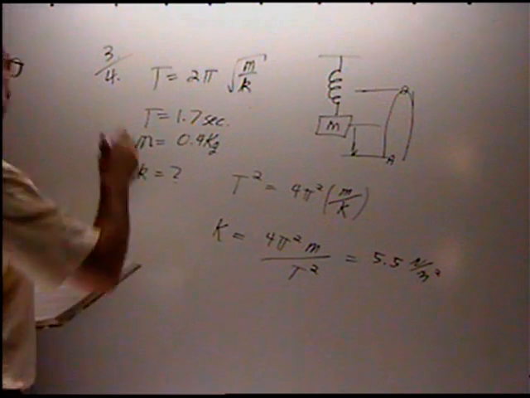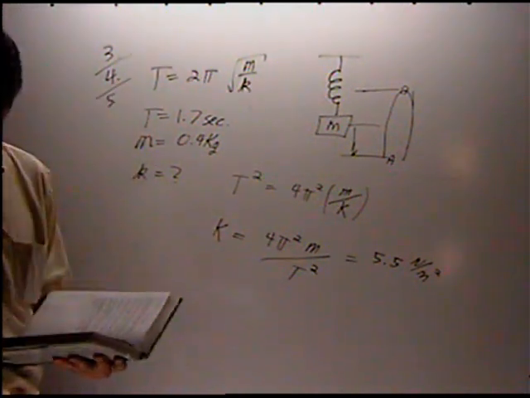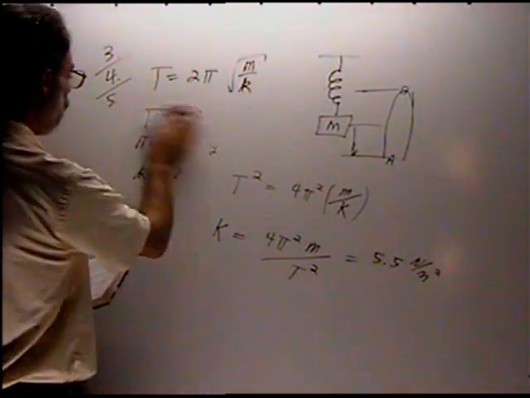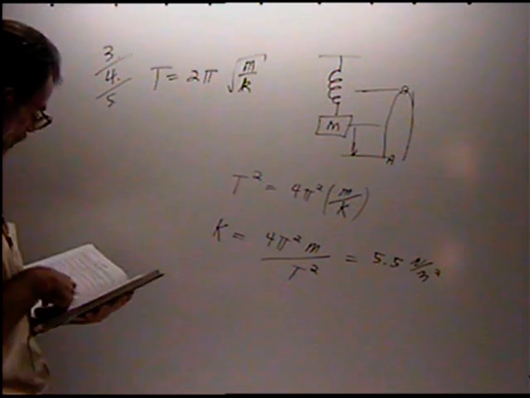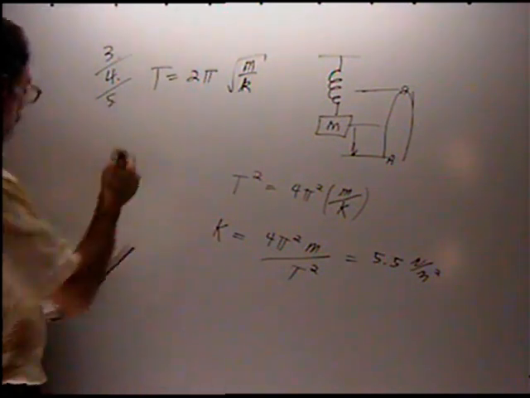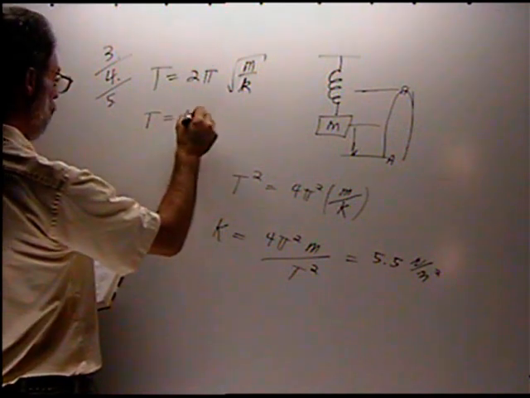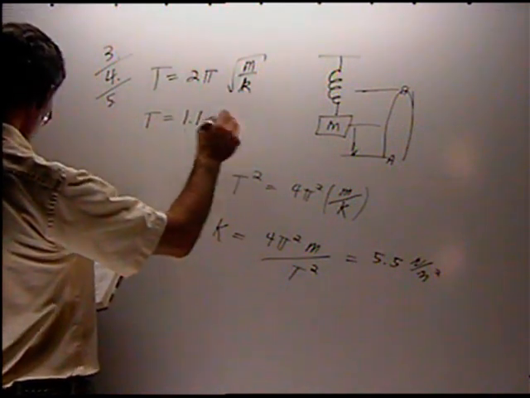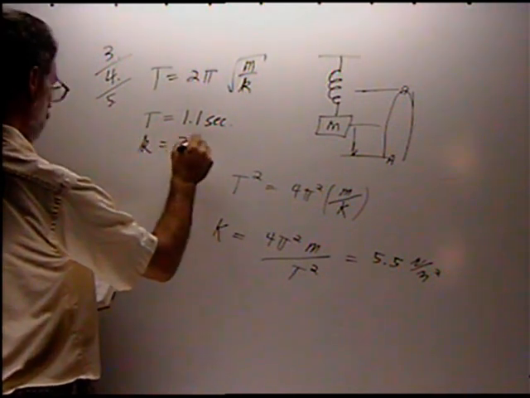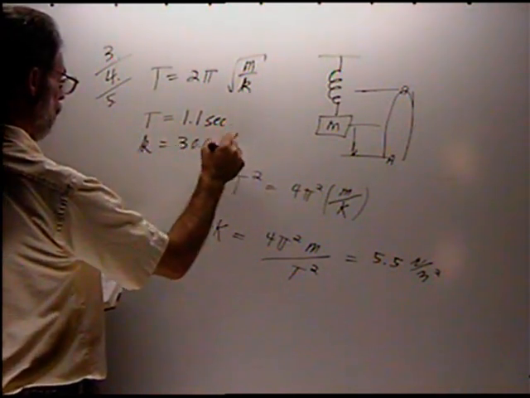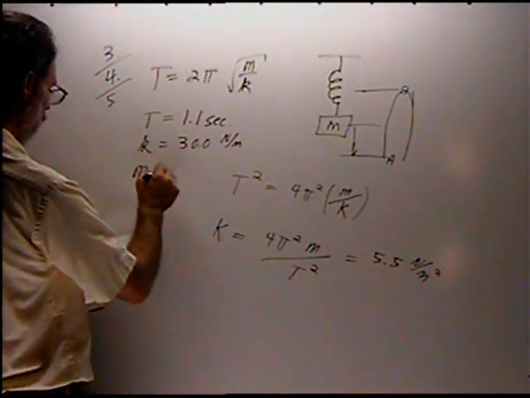Okay, and similarly, number 5 is something quite similar. In number 5, the exact same arrangement. You know what the period is, 1.1 seconds. You know what the spring constant is, 30 newtons per meter. And the question is, what is the mass?